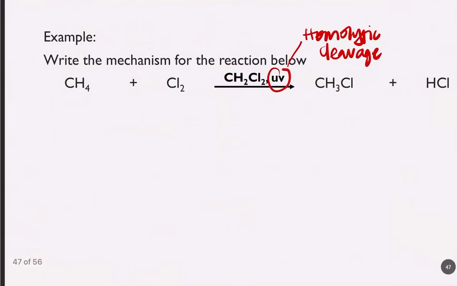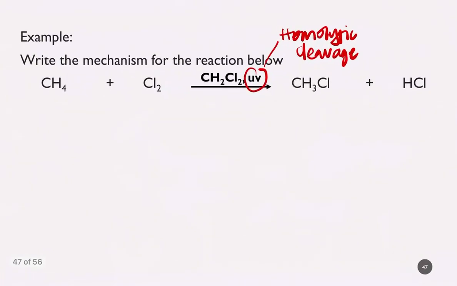Alright. So for example, let's use this reaction where you have methane reacting with a chlorine molecule, under these conditions, in the presence of your inert solvent CH2Cl2. It is an inert solvent, so it does not take part in your mechanism. So this is UV; you have to supply heat or light in order to form your free radicals, because you want homolytic cleavage to make free radicals.